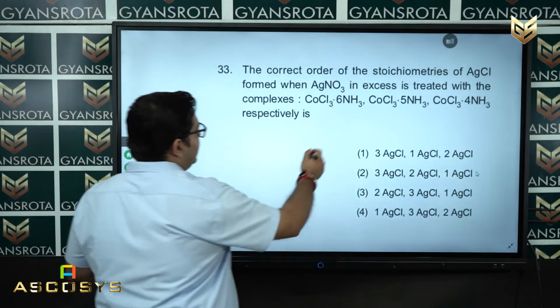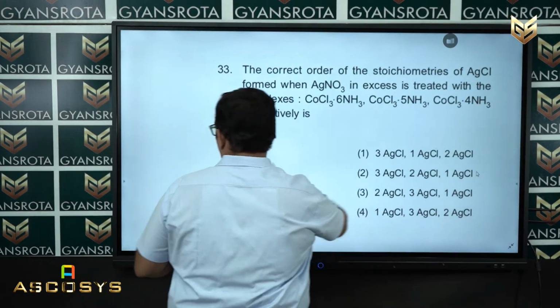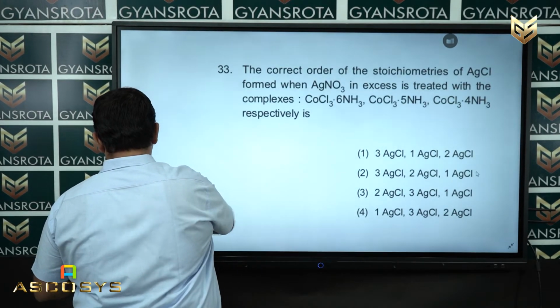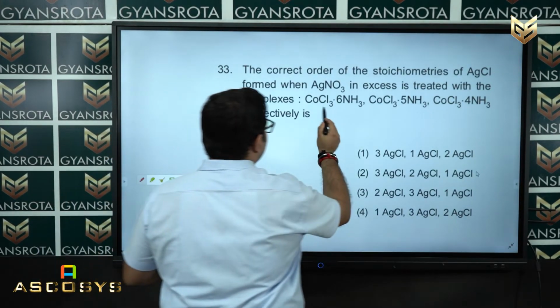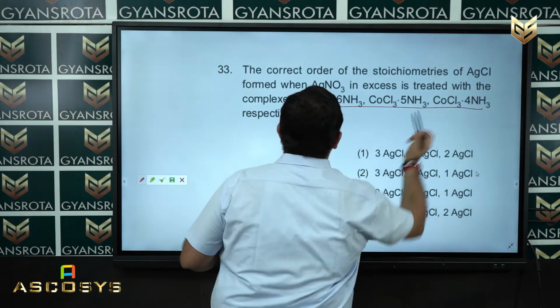In this question, first you should know how to convert these formulas into structures.